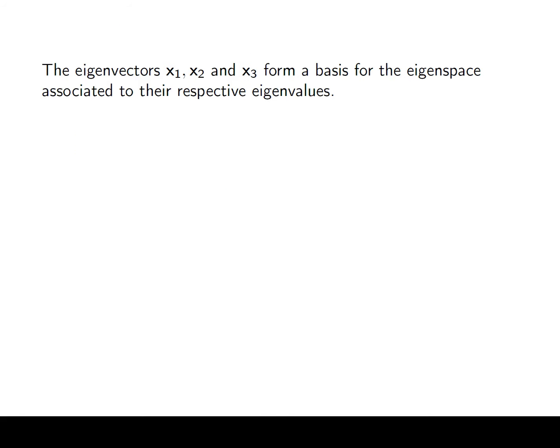So the eigenvectors x1, x2, and x3 form a basis for the eigenspace associated to their respective eigenvalues. They do not form a basis together. They do form a basis together, but it's not called an eigenspace. The eigenspace is associated with each individual eigenvalue and its eigenvector.